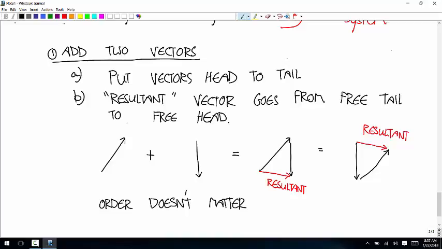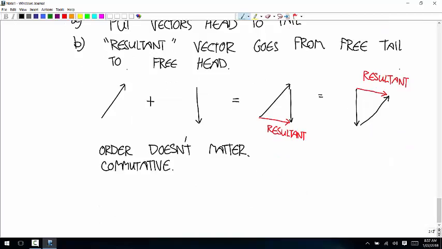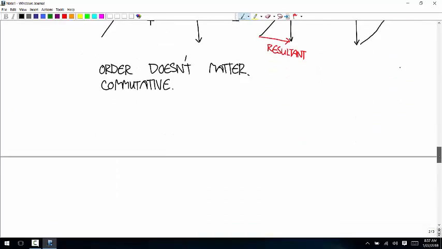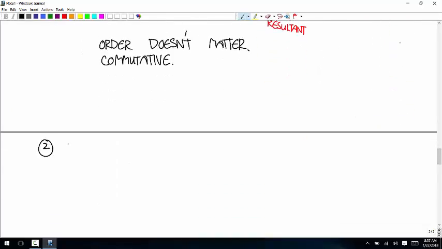So vector addition is a commutative operation. And then the other thing that we're going to do with vectors is multiply a vector by a scalar.